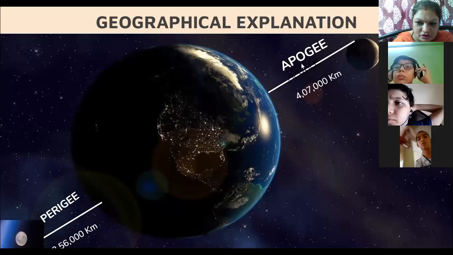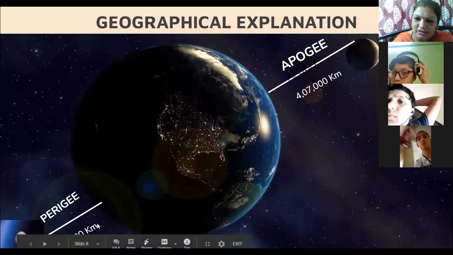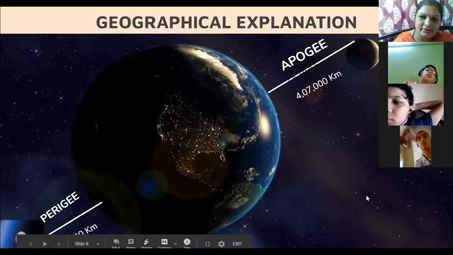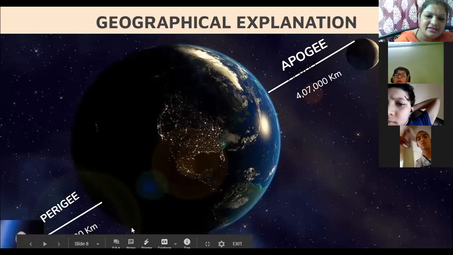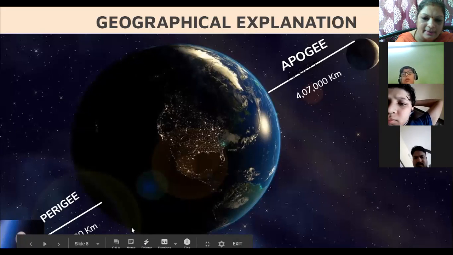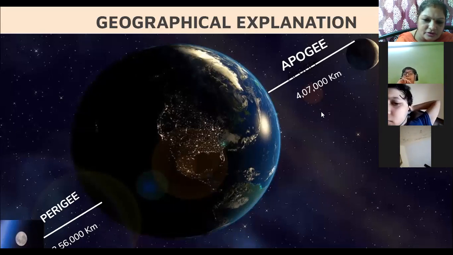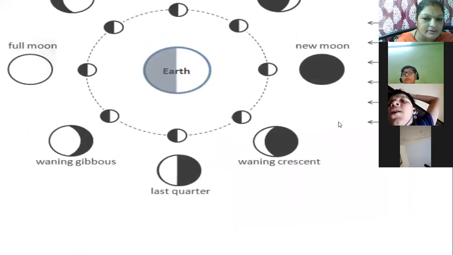And in the perigee position, it is 3,56,000 kilometers. 4,07,000 kilometers apogee position. 3,56,000 kilometers perigee position. That diagram is very important ahead. Please remember that.